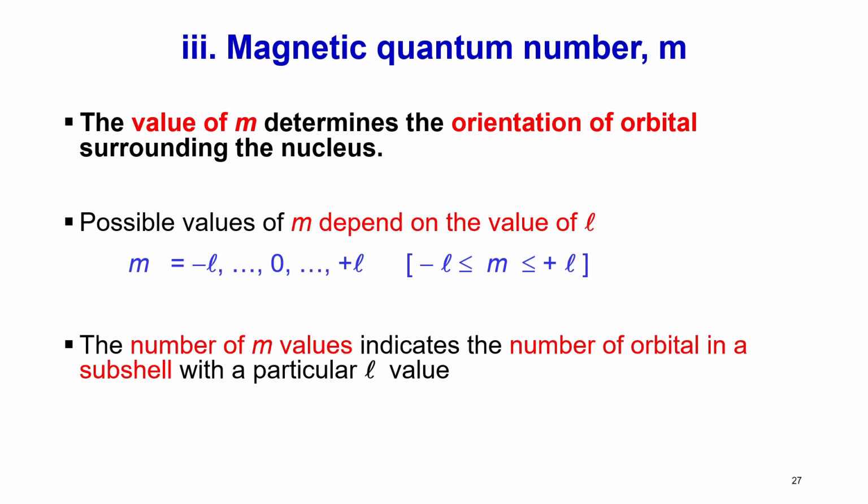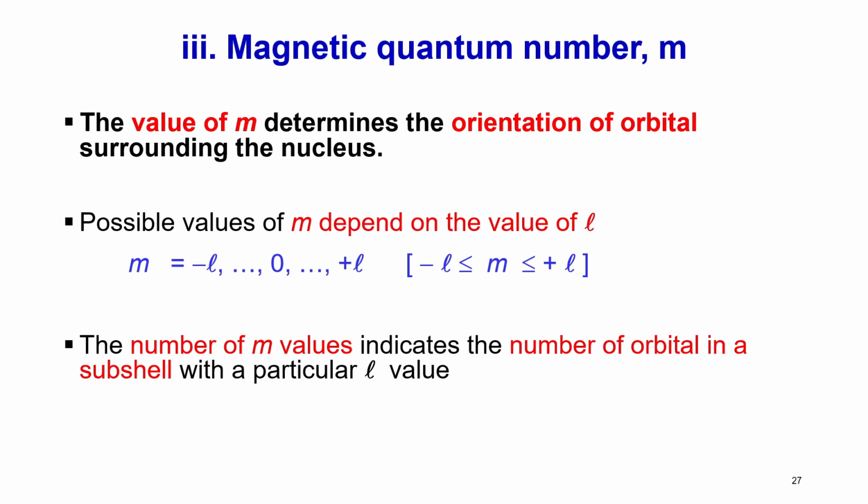If l is equal to 2, the permitted values are negative 2, negative 1, 0, 1 and 2. The number of m values indicates the number of orbitals in a subshell with a particular l value.